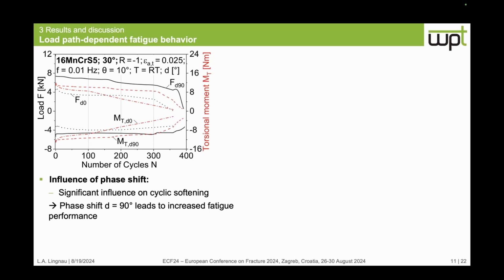But we can see that the cyclic softening is much higher for the specimen without the phase shift. And we can see that with the phase shift of 90 degrees, so that the torsion is after the axial stress, the fatigue performance is increased, or we have a higher number of cycles to failure.